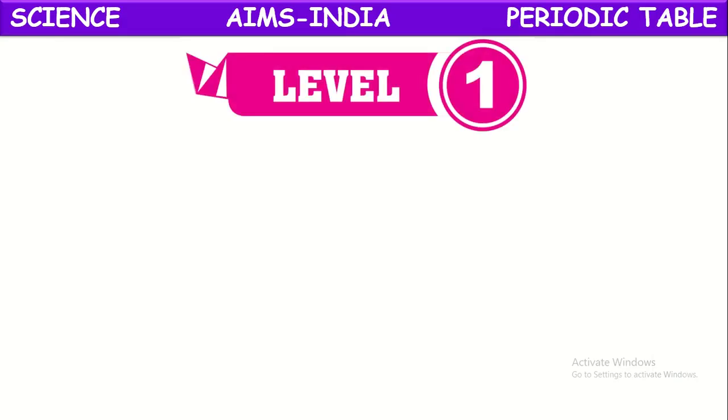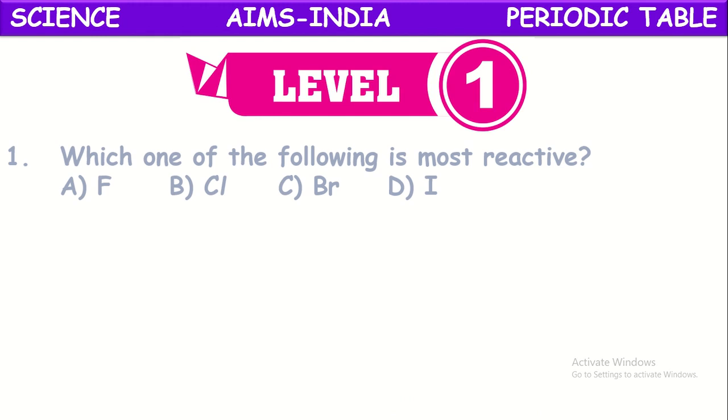First let us go through the level 1 questions. See the first one: which one of the following is most reactive? If certain elements are given and they ask which has the greater or lower property, we can understand that there will be a certain relation between the elements given in the options. Here the elements are fluorine, chlorine, bromine, and iodine.